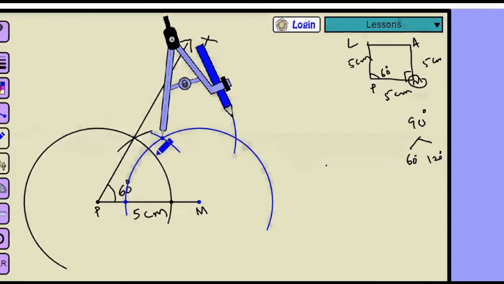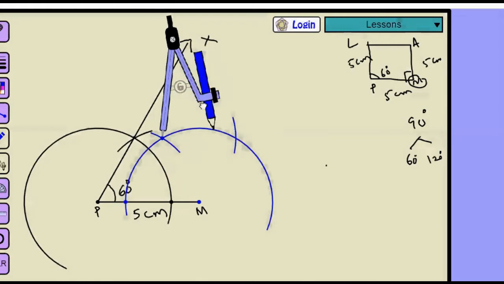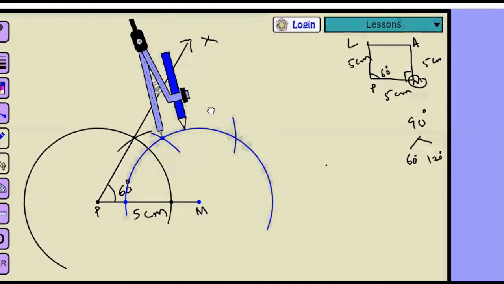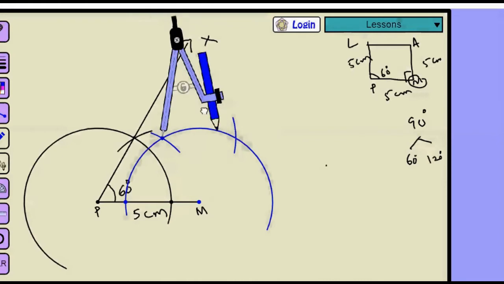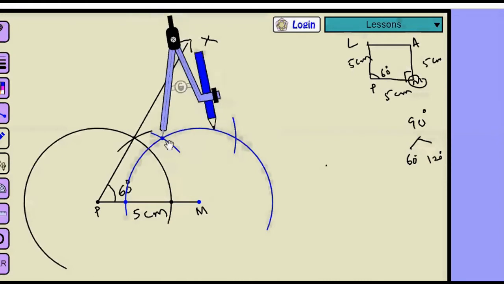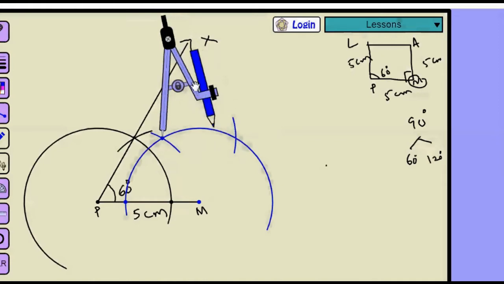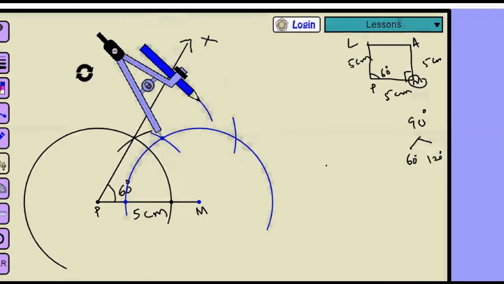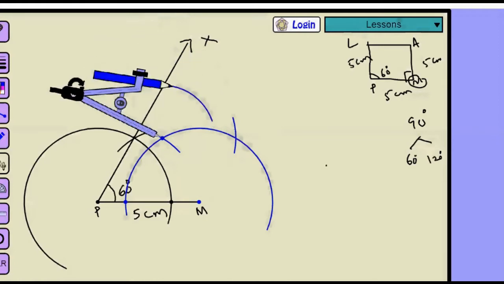Now we are going to bisect the angle between 60 and 120 degrees. For that, you should take the compass radius more than half of the length between the 60 degrees point and the 120 degrees point. So now I am taking more than half of the length of this 60 to 120 arc. Now with the 60 degrees point as the center, draw an arc.